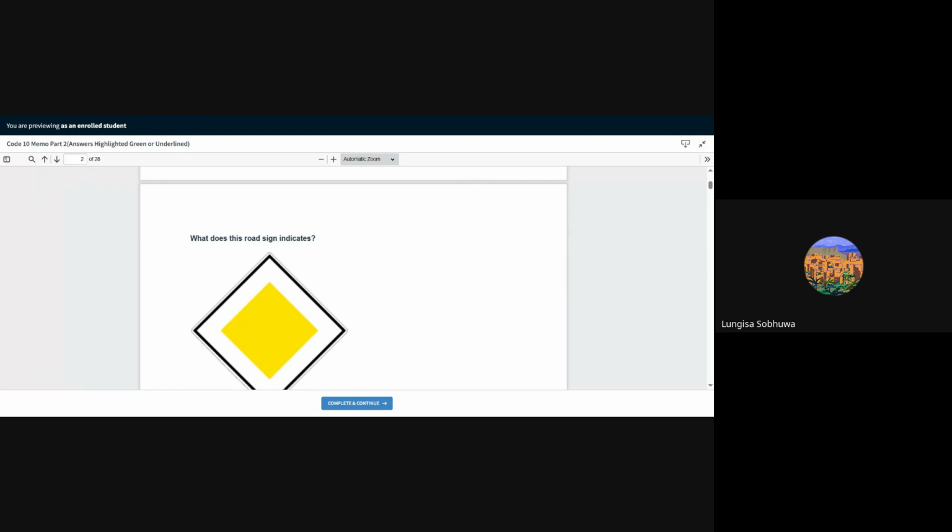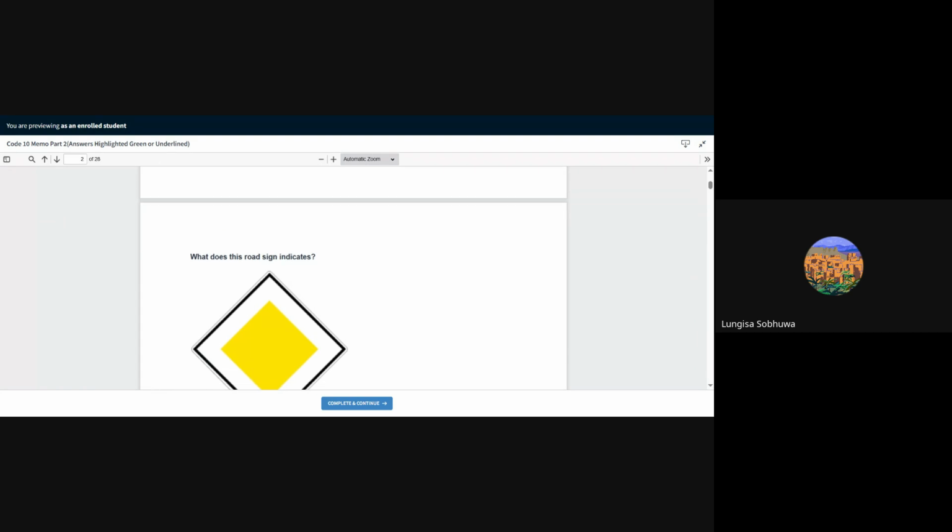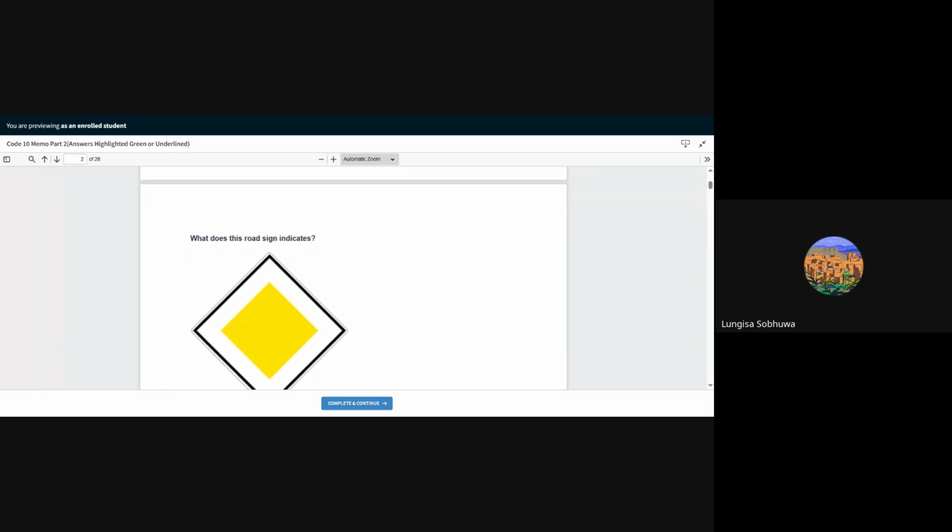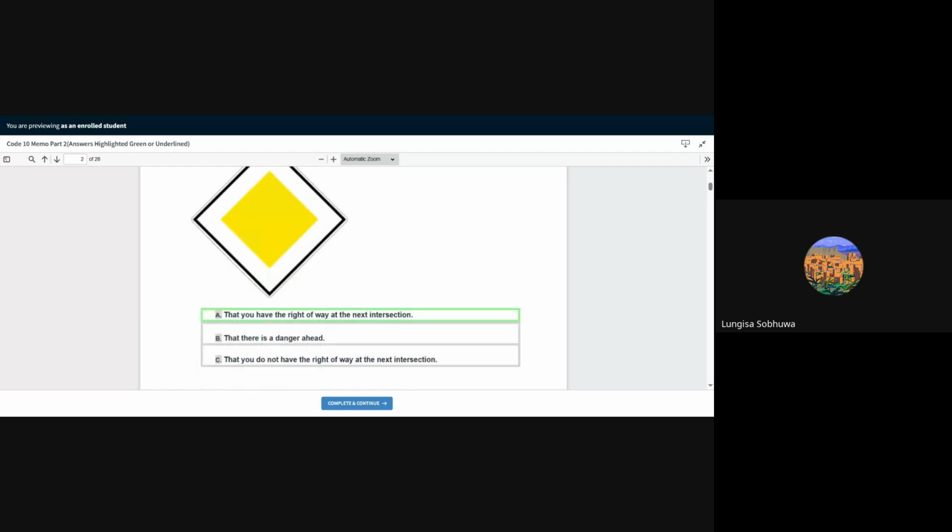So yeah, the first question here is, what does this road sign indicate? We have a few options. Option A says that you have the right of way in the next intersection. Option B says there is a danger ahead.